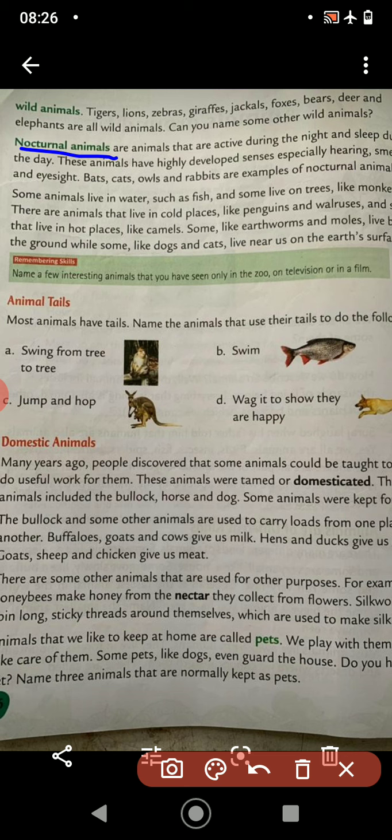There are many wild animals who are active at night. They come out of their den, from the cave, only during the night for hunting, right?